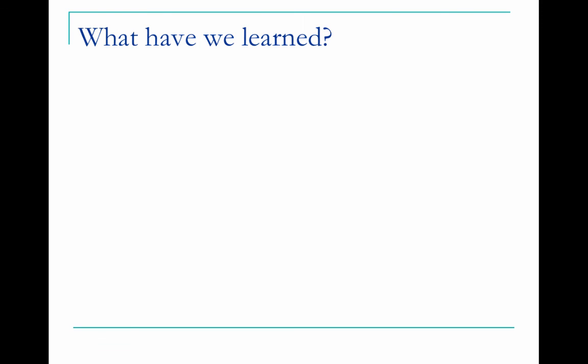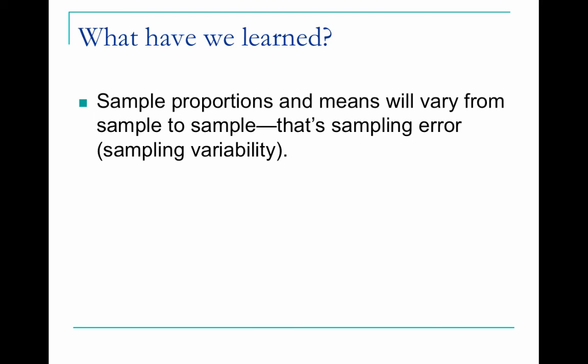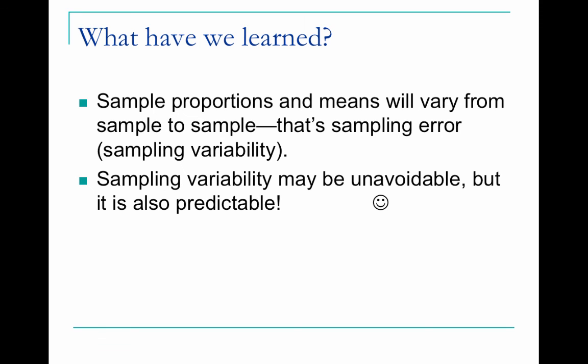So I want to kind of wrap this chapter up and think about what we have actually learned within this chapter. Sample proportions and means will vary from sample to sample. That's sampling error, or another word is sampling variability, and we expect that. Sampling variability is unavoidable, but it is also predictable, which is another reason why we are able to use the sampling distribution models and use the normal model.